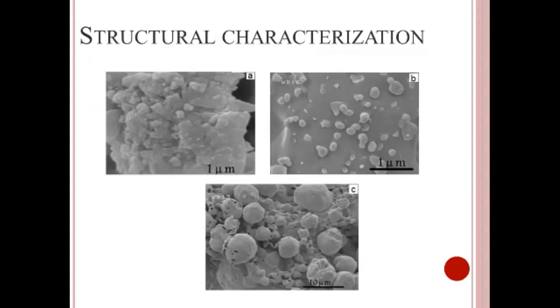After the thermal treatment at 800 degrees Celsius, the particle shape has changed to microspheroid. So we can see that in picture A, they have pseudo-spherical morphology, and in picture C, they have microspheroid morphology.